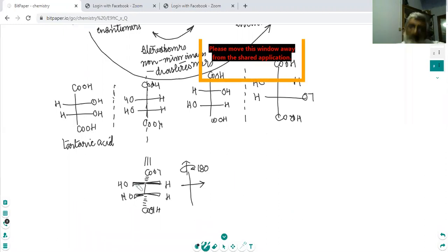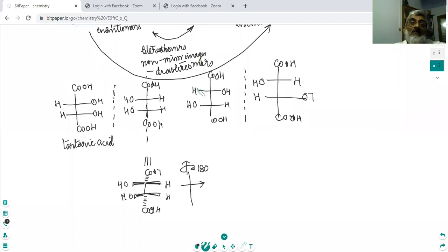So this is front. These are the front carbons. They will go to the back side. So see here. I will have the H on this side, OH on this side. Again the same thing here.